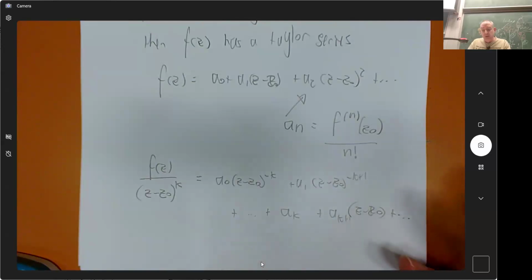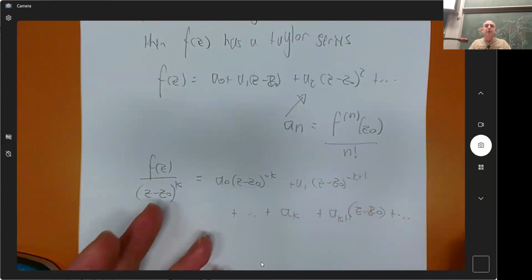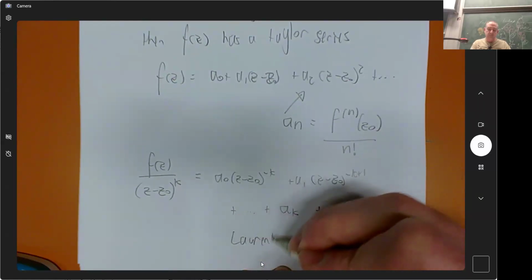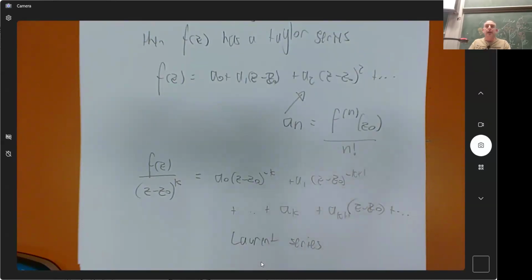So what you end up with is a series that looks like a Taylor series, but it begins in the negative powers. This here is a Laurent series. Traditionally, knowing that you're going to get negative powers, we usually call the coefficients a negative k and a negative k plus 1 and so on.